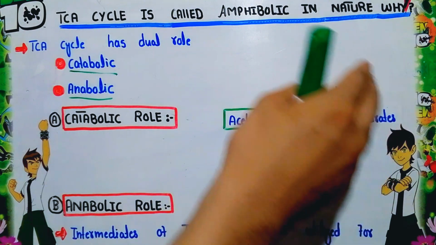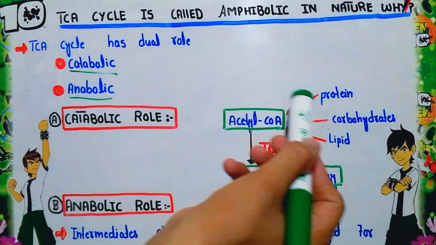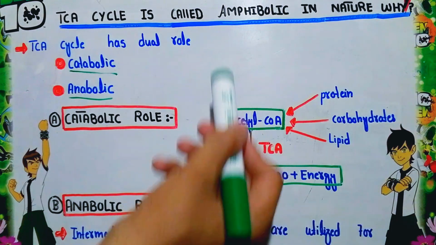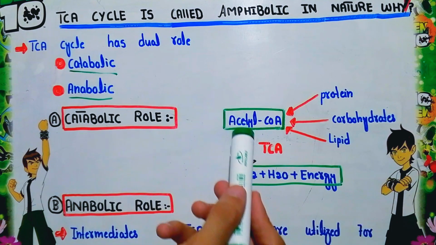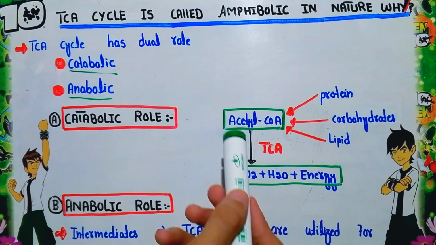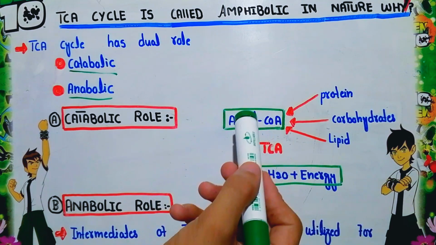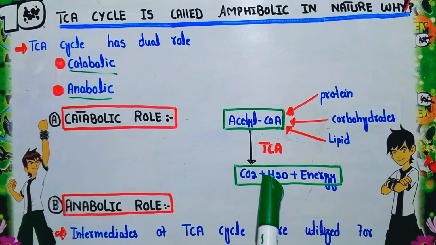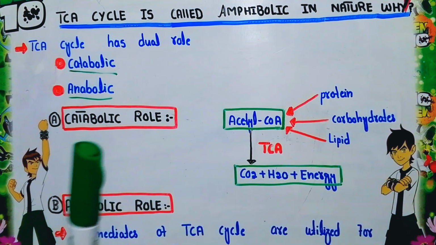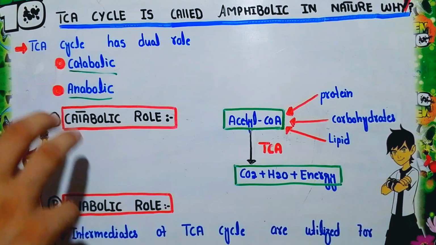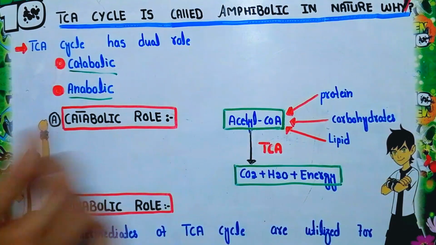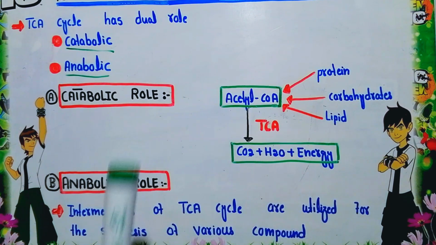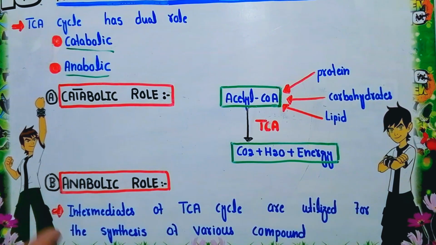After their metabolism, these three types of molecules form acetyl coenzyme A. When it enters the TCA cycle, its complete oxidation converts it into carbon dioxide and water, along with energy in the form of ATP. This is the catabolic role of the TCA cycle.